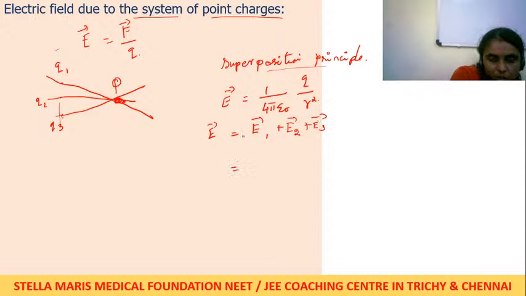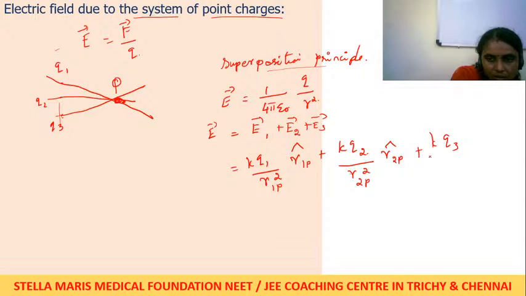We know the formula for E1, which is K Q1 divided by R1P squared into R1P cap, plus K Q2 divided by R2P squared into R2P cap, plus K Q3 divided by R3P squared into R3P cap.